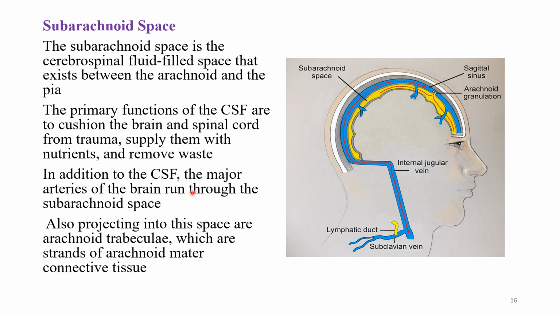In addition to the CSF, the major arteries of the brain run through the subarachnoid space. Also projecting into this space are arachnoid trabeculae, which are strands of arachnoid mater connective tissue. So, in the subarachnoid space, we have major arteries of the brain, CSF and arachnoid trabeculae.